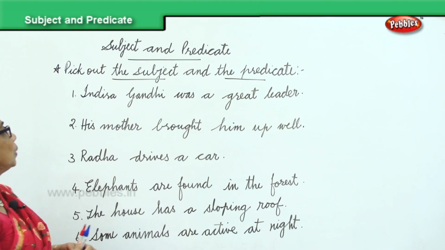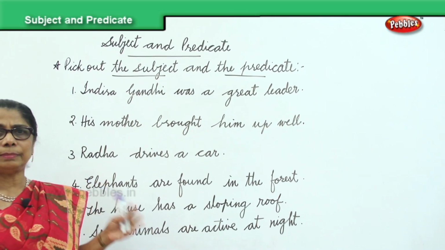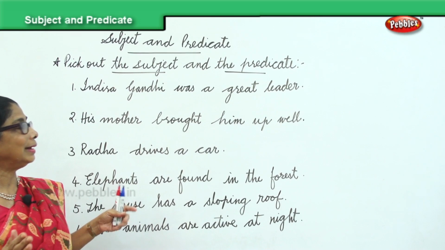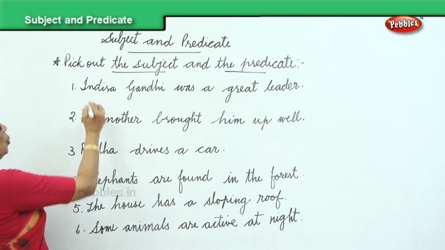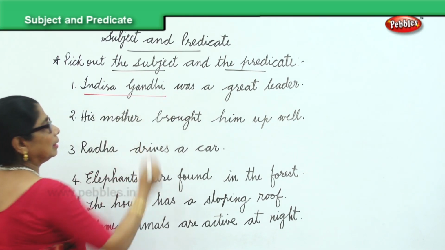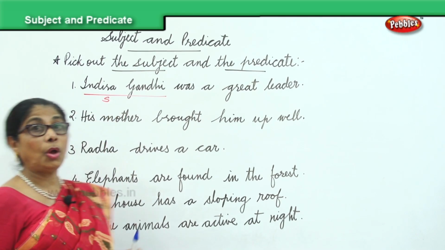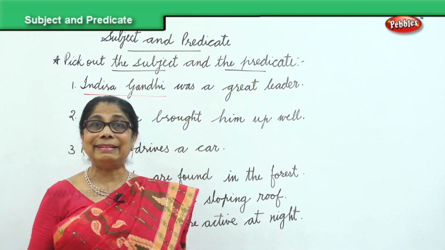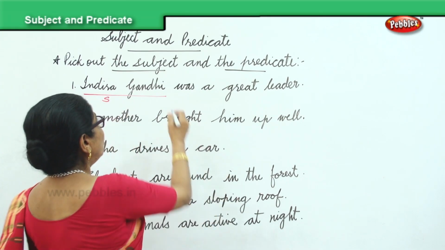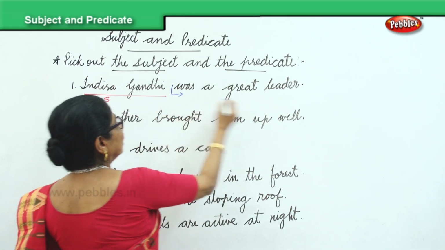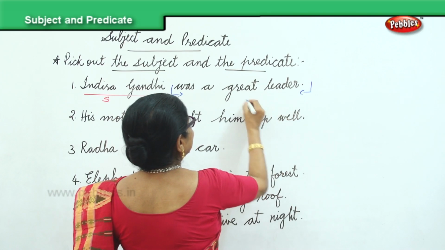Now, let's look at it. Indira Gandhi is the subject. We are talking about a great leader. So now, you have here Indira Gandhi. That is the subject we are talking about. Was a great leader. That is the predicate.